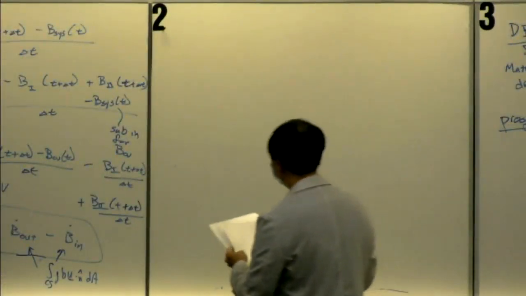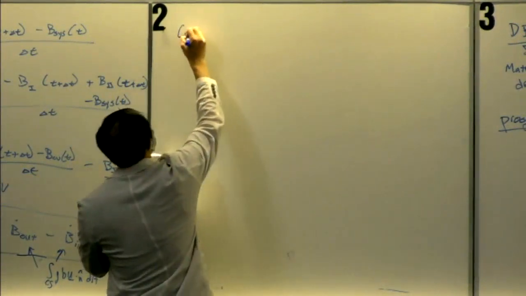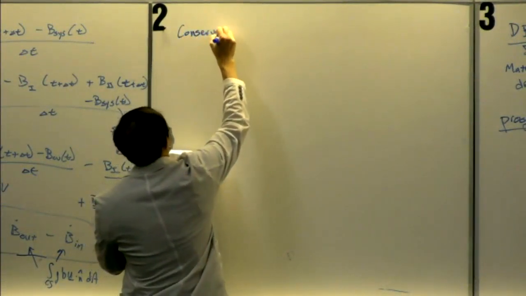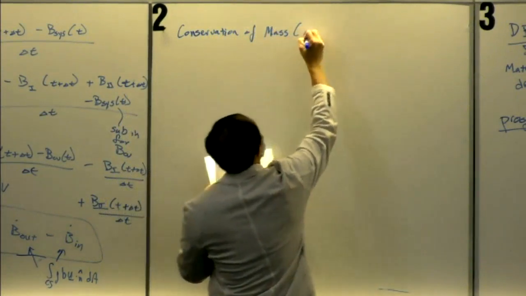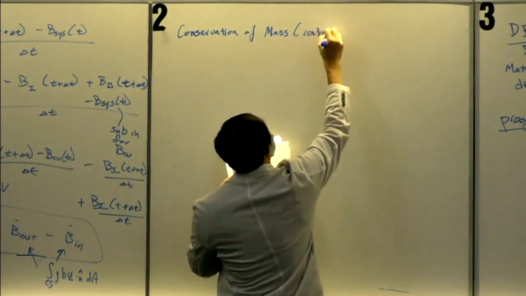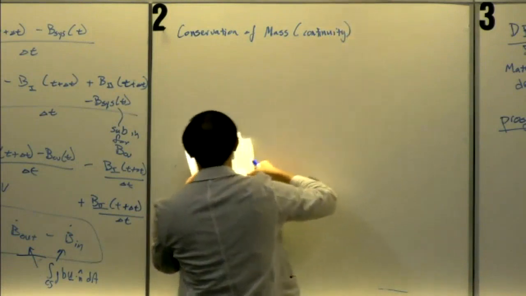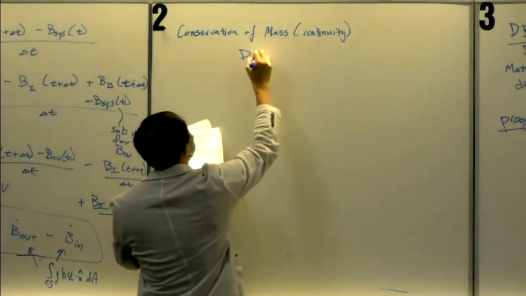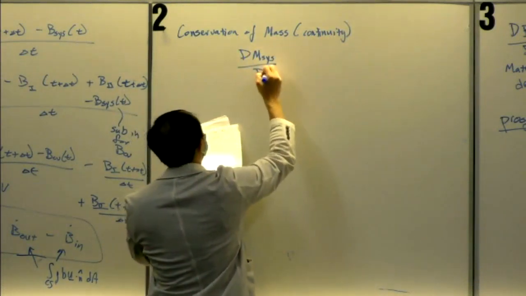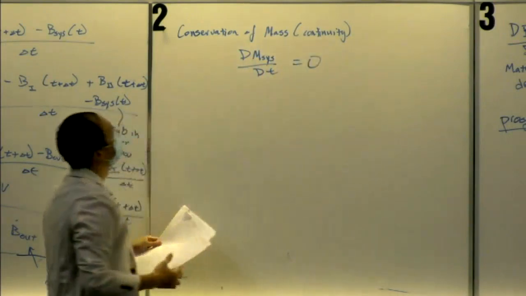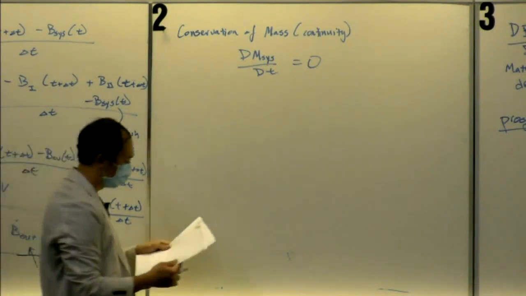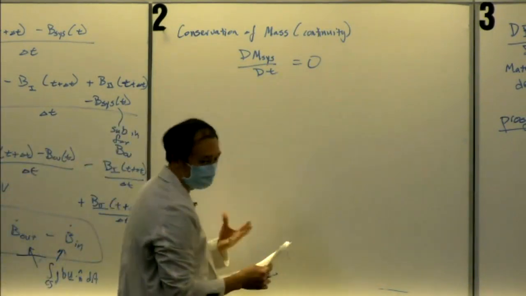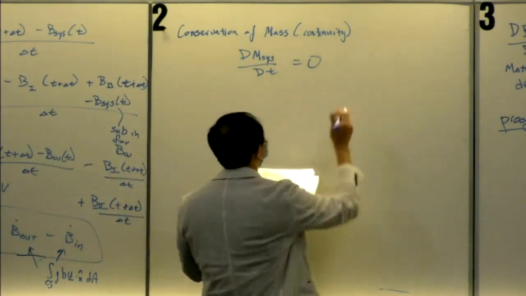They also call this continuity. It's saying that wherever we draw our control volume, the system that we're considering is not going to be changing in mass. You're not destroying fluid or creating it.